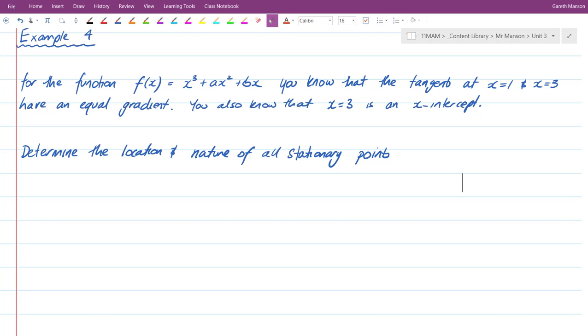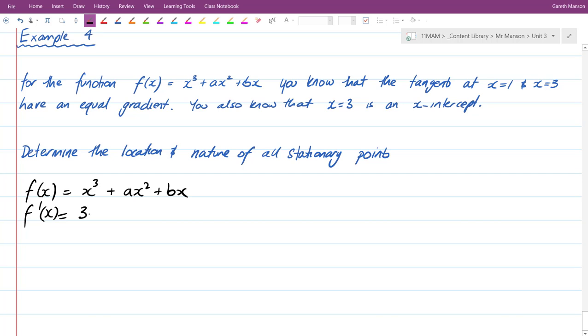We'll go from there. So the first thing is that we know f of x equals x cubed plus ax squared plus bx, and we know therefore that f dash of x is equal to 3x squared plus 2ax plus b.